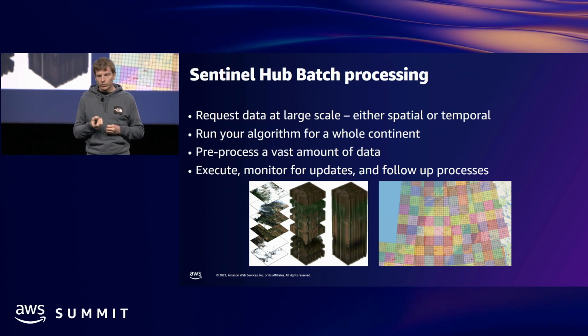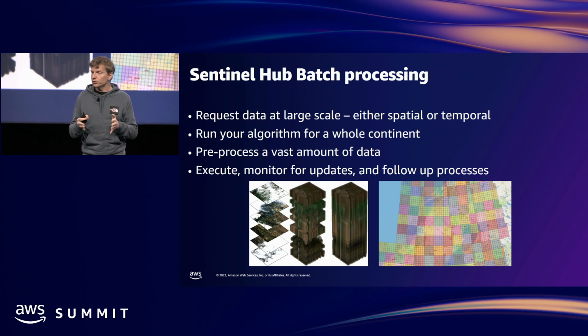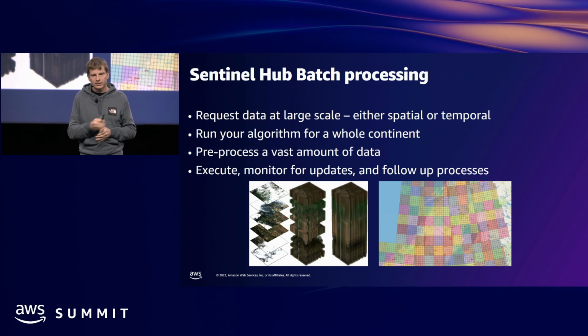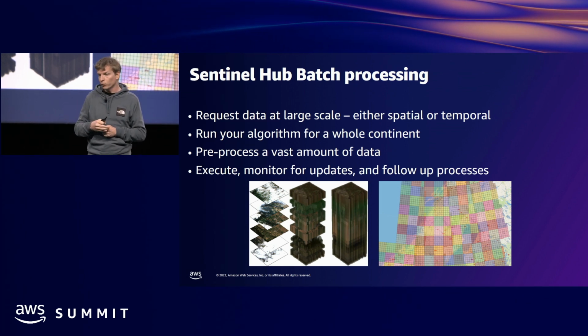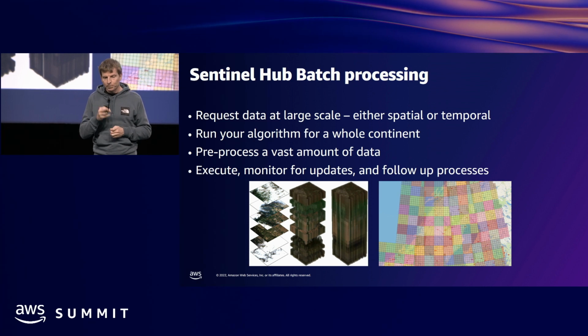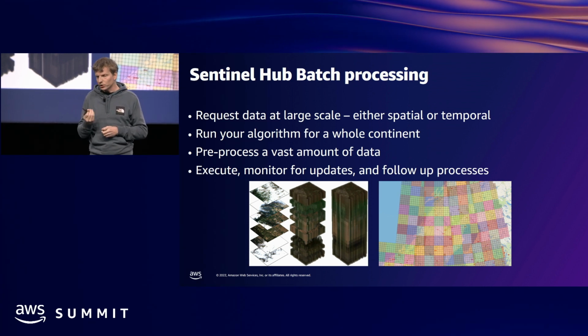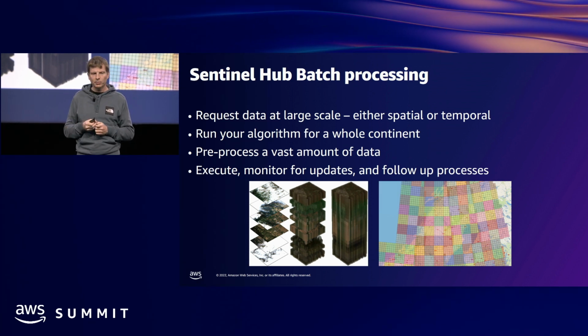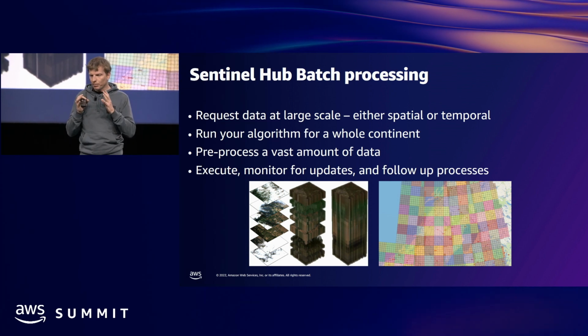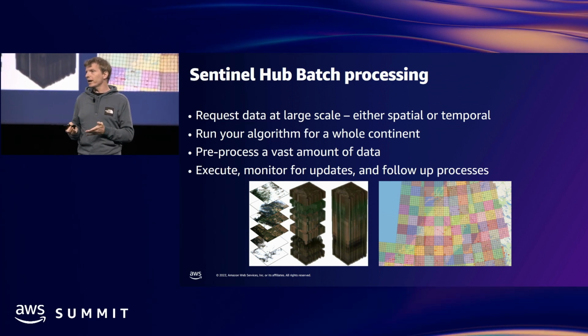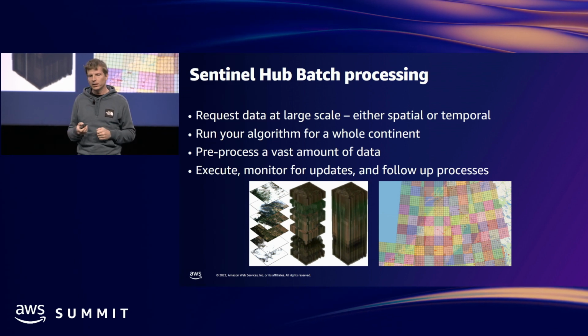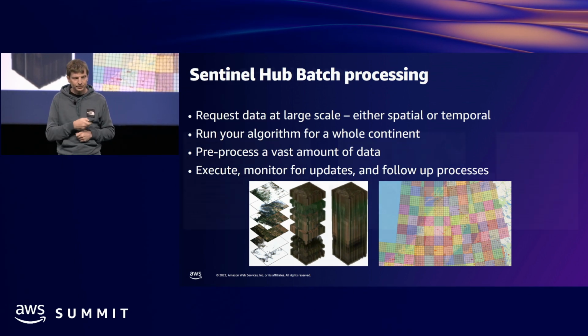And so what we did is that you can configure this process of what you'd like to do with the data and say, now I'd like to have it running over the large area. And we will split this area into small chunks that are just the perfect size to be used in machine learning. And then we would process it, and then we would output this to the S3 storage so that you can then immediately use it in the machine learning.